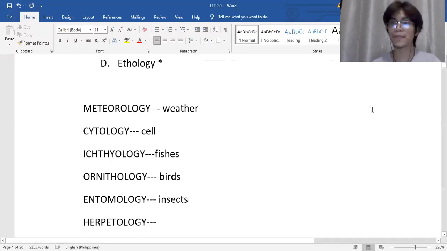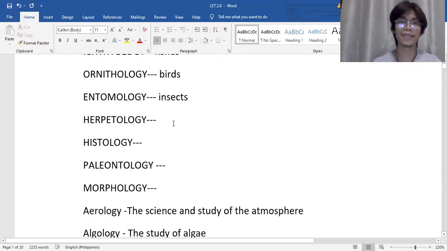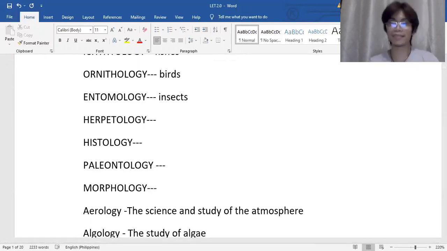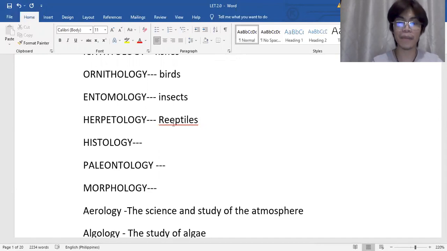Entomologists are the bug enthusiasts. Next one, herpetology. Herpetology deals with the study of reptiles, including amphibians.